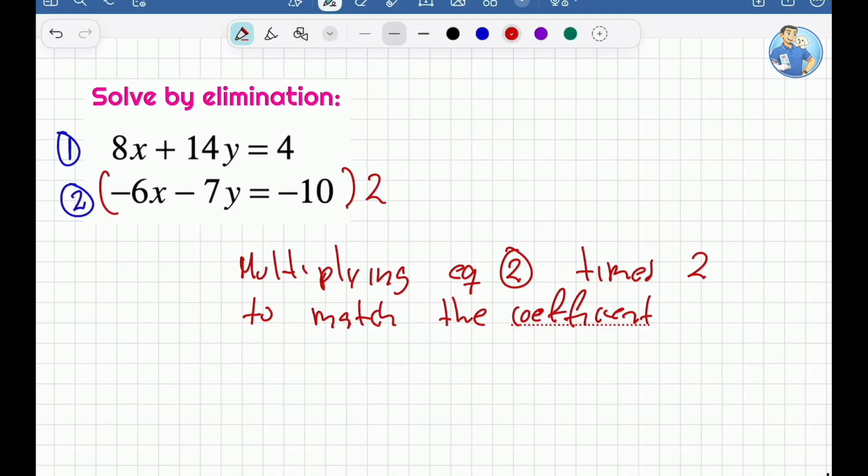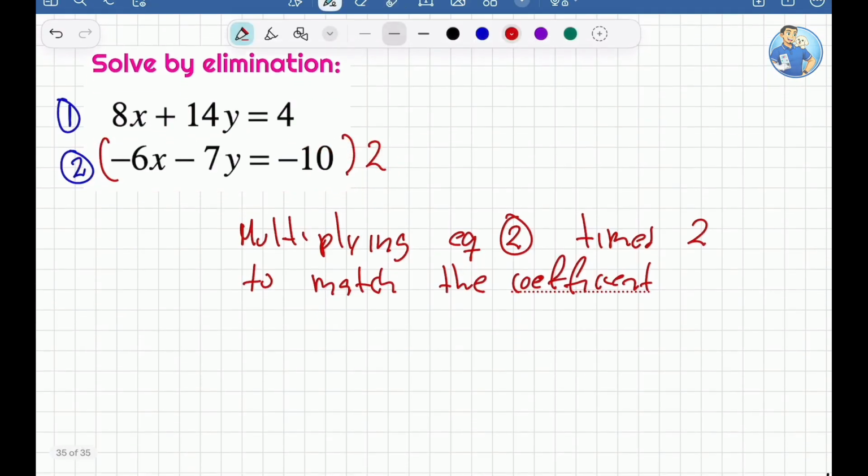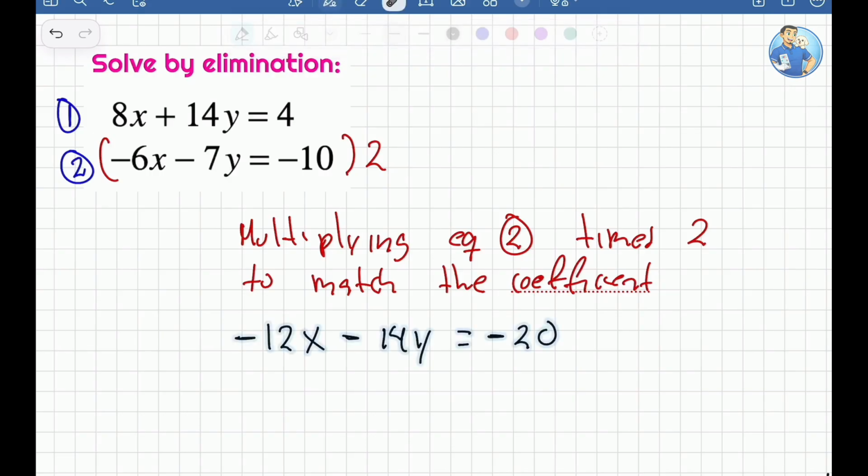If we multiply this times 2, pay attention, we will have minus 12x minus 14y equals negative 20. We have multiplied everything. So this is the equation 2.